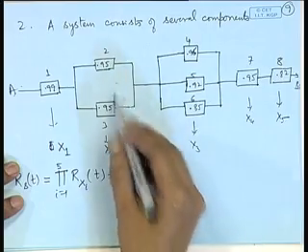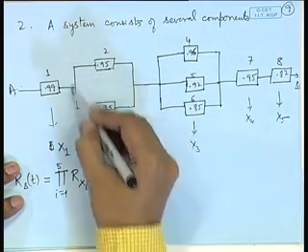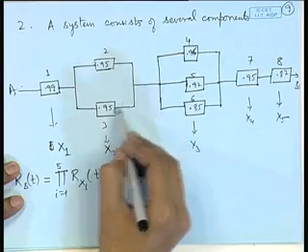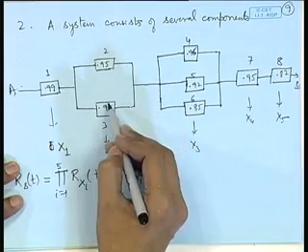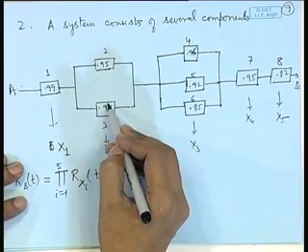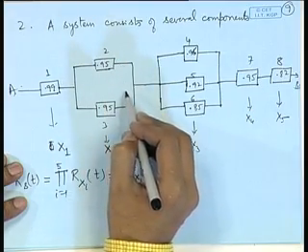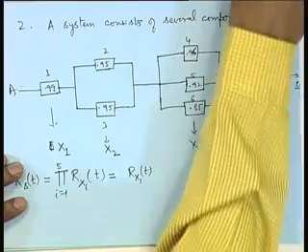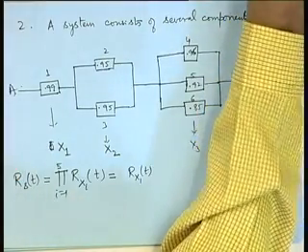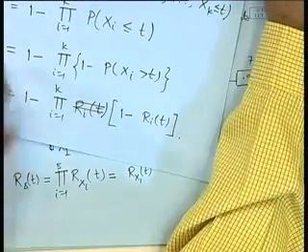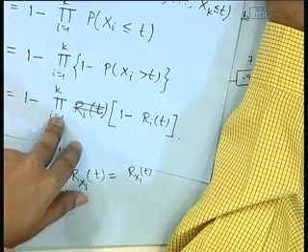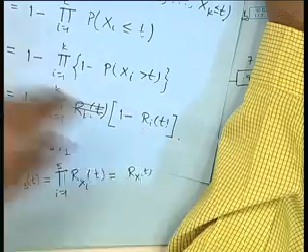Now, R x2 t is again a compound system. It consists of two parts connected in parallel. The probability that the system is functioning, or the reliability of this, is given by the formula for the reliability of a parallel system: 1 minus the product of 1 minus the reliabilities.